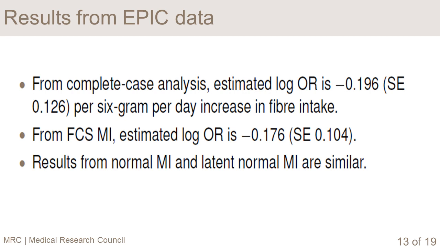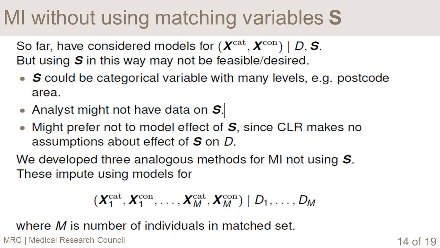The results from the three multiple imputation methods were all quite similar, and importantly, the standard error is now 0.104. So again, we've managed to recover information from the incomplete cases by using multiple imputation. Slide 14, please.